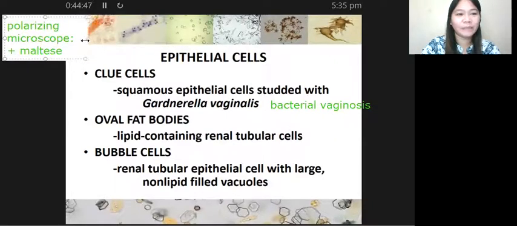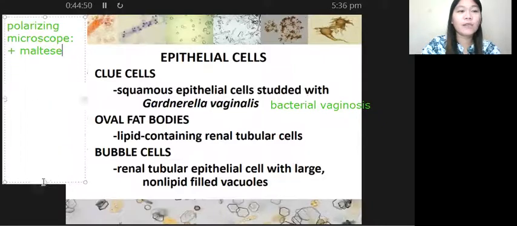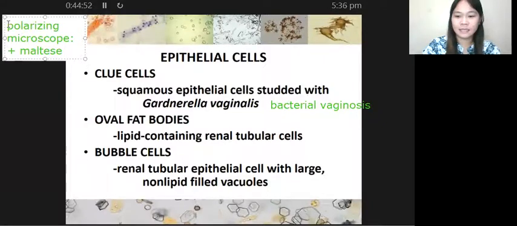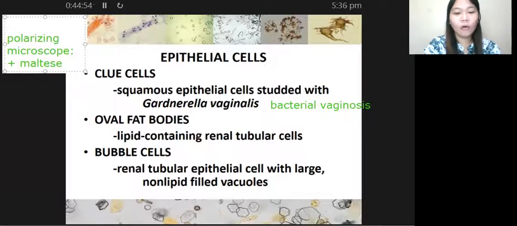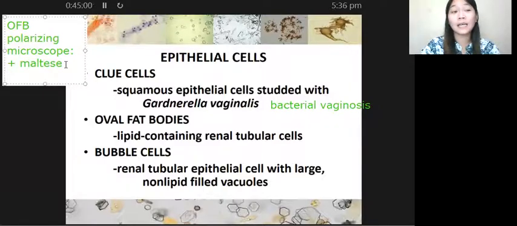Oval fat bodies. So, again, in order for us to determine na talagang lipids ang nasa loob ng renal tubular epithelial cells natin at pwede natin siyang tawagin na oval fat bodies, you can make use of your polarizing microscope.